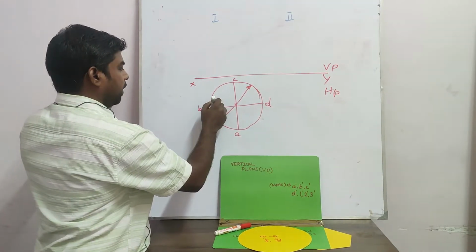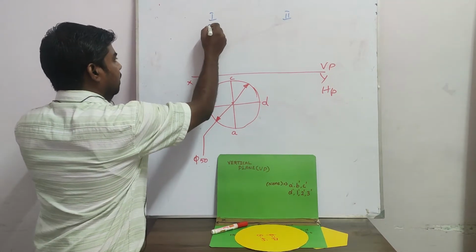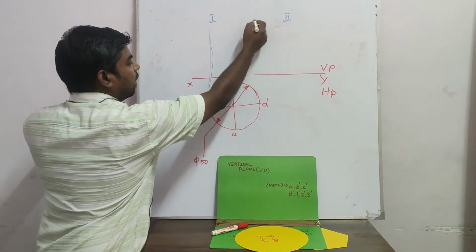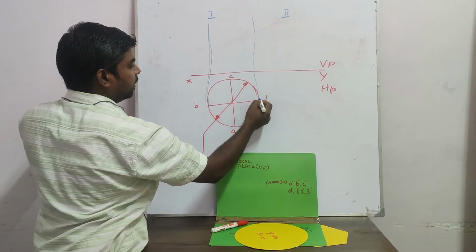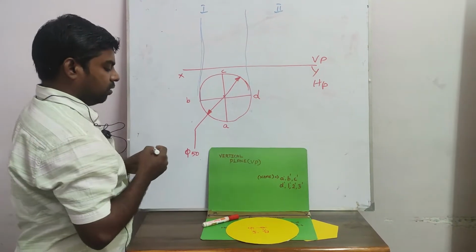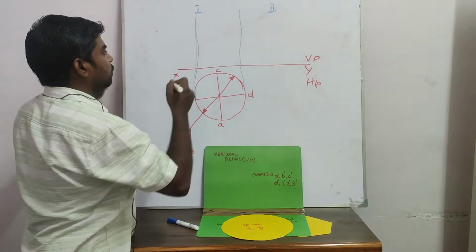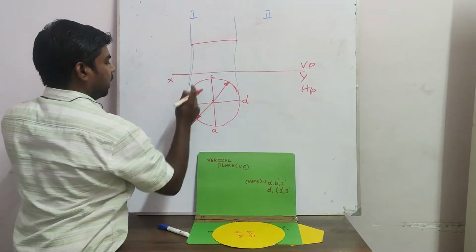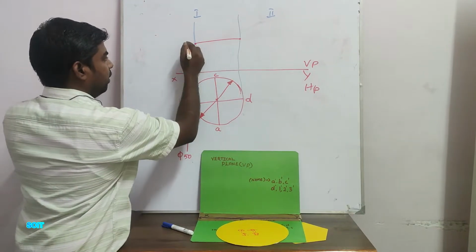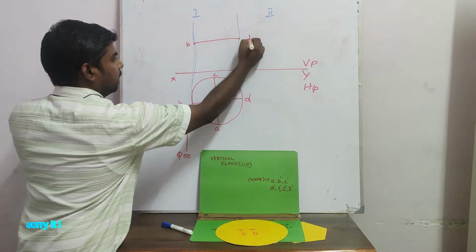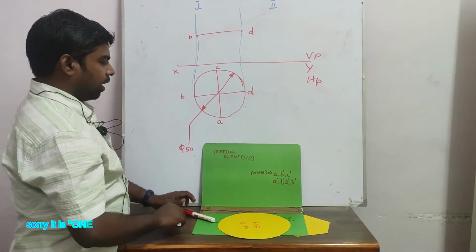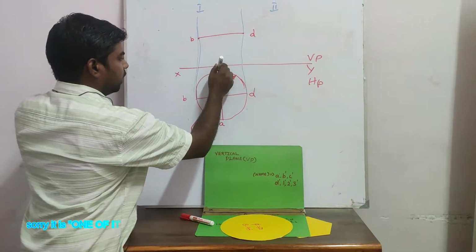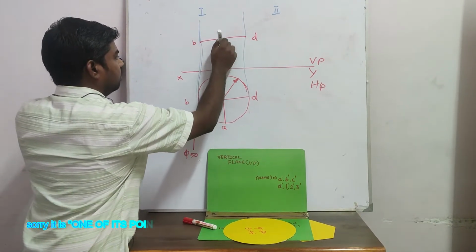Okay, for making these projections you have to use construction lines, may be drawn with H pencil or 2H pencil depending upon your usage. Then you should mark how much length it is. As you can see, B, D will be there. Then if you have confusion, again use a 2H pencil and extend this line up to here.